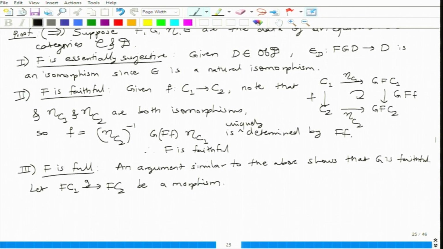You have to figure out that morphism. You have some data right now, and you have to use something similar to the commutative diagram that was in 2. A similar diagram can be utilized, and you have to construct a morphism and claim, because G is faithful, that this has to be the only morphism which satisfies this property. It can't be anything else.